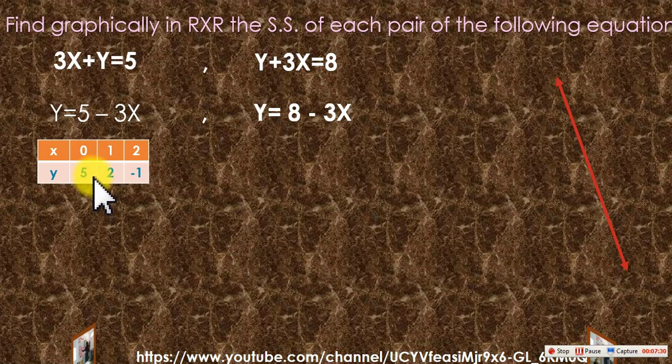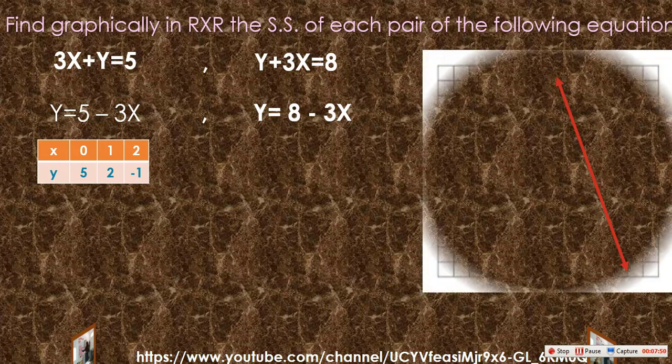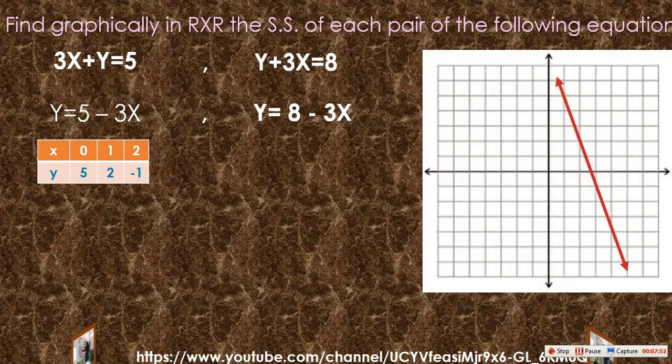So, by giving x a value and calculating the value of y, we get the ordered pair which represents a solution of the equation. We can represent these ordered pairs on a perpendicular square net as shown: 0 and 5, 1 and 2, 2 and negative 1, and draw a straight line.